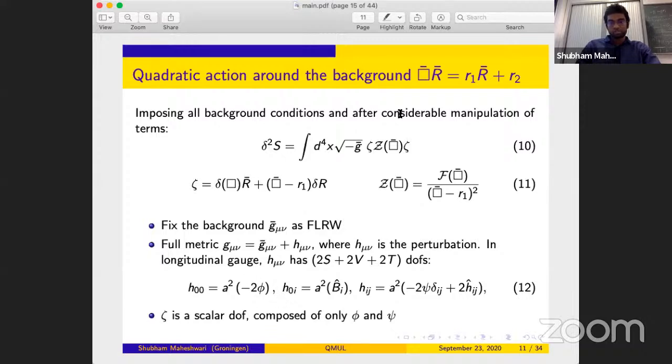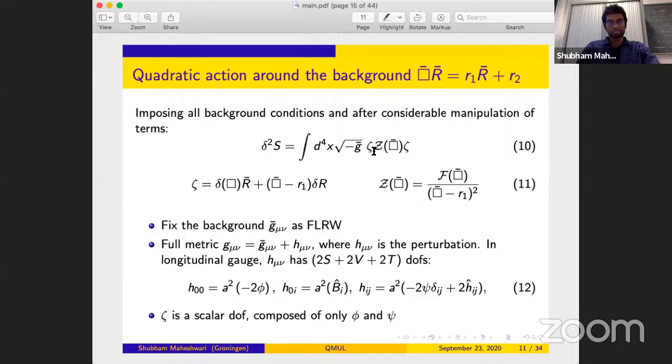And it's very easy to see that the zeta that you have in the quadratic action is purely a scalar degree of freedom, and it's composed only of phi and psi. It's a linear combination of phi and psi, and there are no tensor and no vector degrees of freedom in this theory around this particular background. So now the question is, if this is the quadratic action and you have one scalar degree of freedom, this kinetic term for zeta is still unknown, and that's the main question.